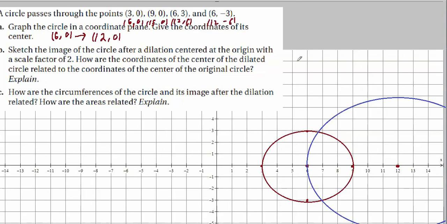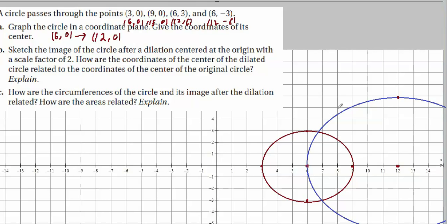Well, I've drawn our dilated circle, which doesn't entirely fit on the page, but that's okay, because we don't need the whole circle to answer these questions here. Sketch the image, we just did. Well, most of it anyway. How are the coordinates of the center of the dilated circle related to the coordinates of the original circle?